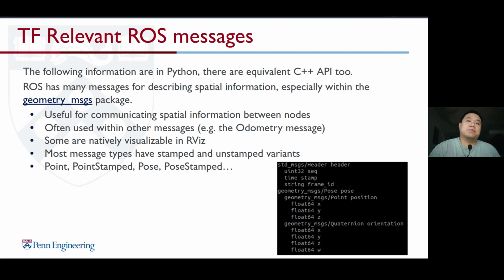For example, you have point versus point stamped, pose versus pose stamped. As you can see in the screenshot on the bottom right here, it is basically the structure of a pose stamped message. You'll have a header with a timestamp and a frame ID, and then underneath you'll have a pose message, which consists of the position and the orientation, represented by a point message and a quaternion message.